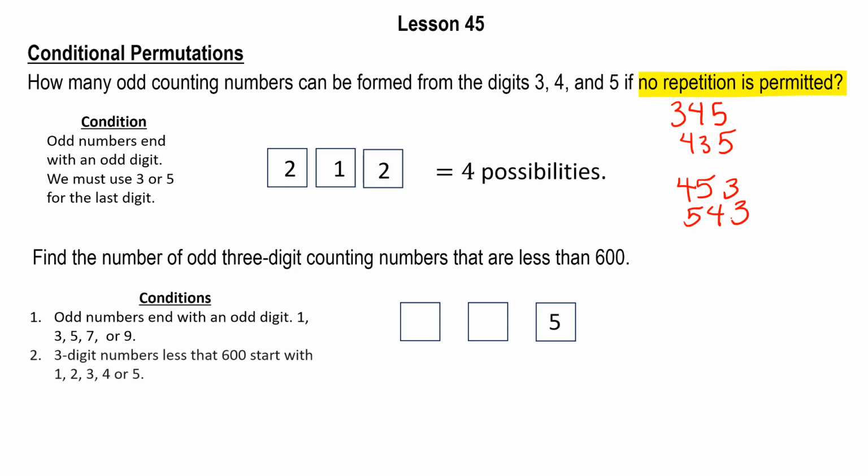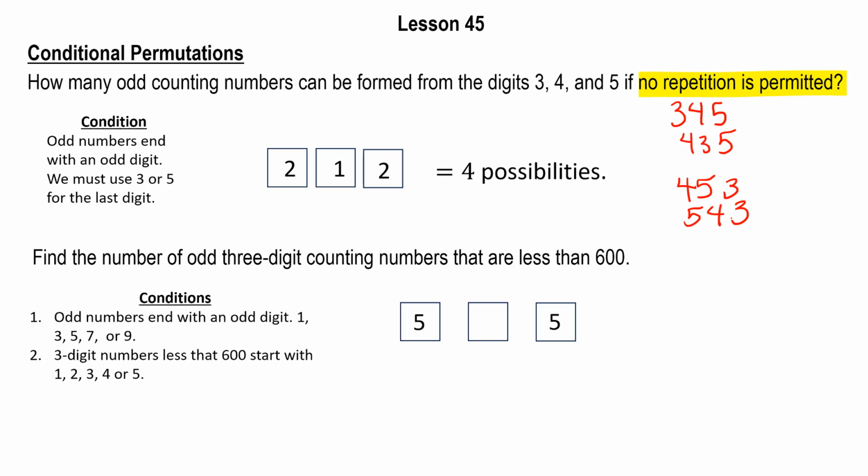All right, the other condition is that it has to be a 3-digit number less than 600. Well, 3-digit numbers that are less than 600 are going to start with 1, 2, 3, 4, or 5. So there are 5 possibilities for the first digit. We have to take care of that. We can't fill in the middle digit until we have filled in the other 2 digits because those are the conditional things.